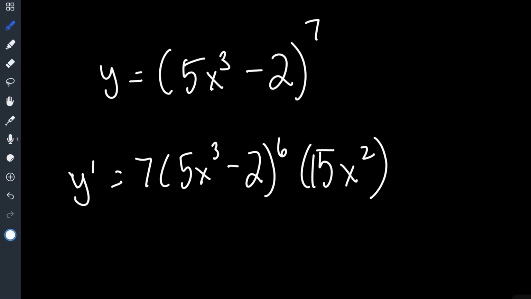If you got that answer, great job. If not, check whether you remembered to multiply by the derivative of the inside function.